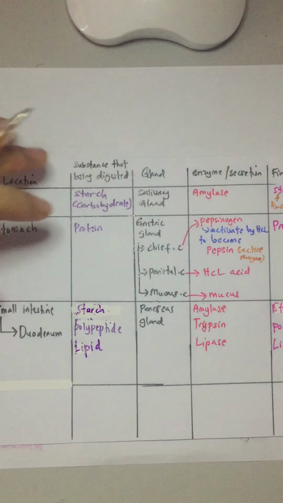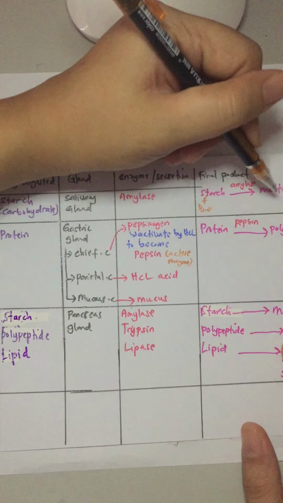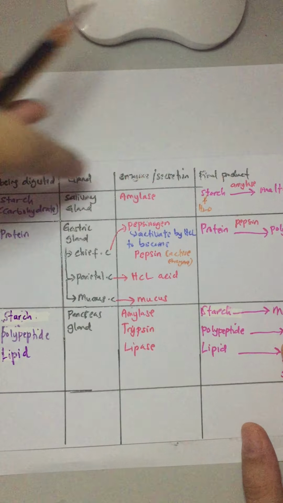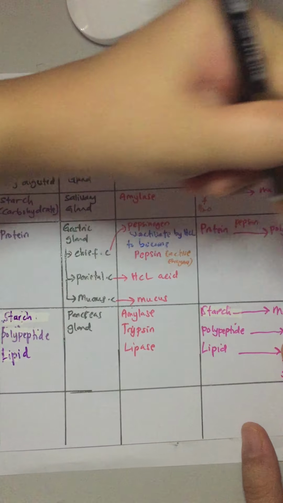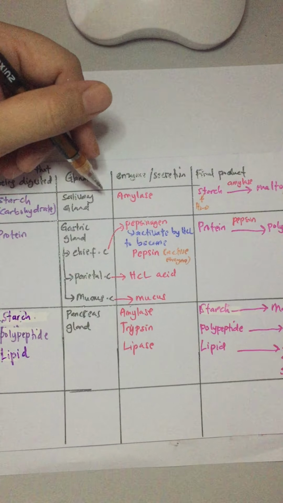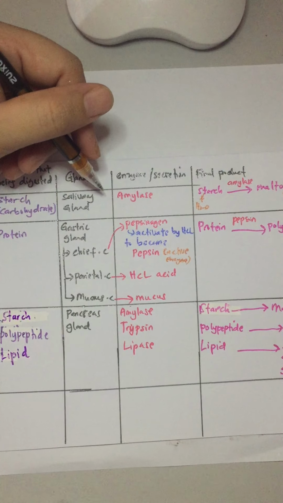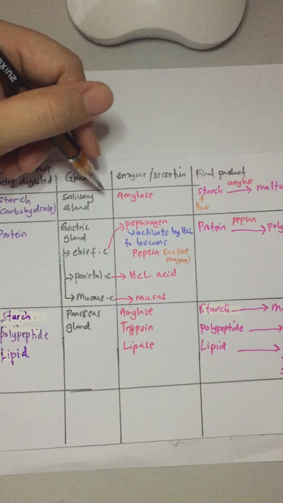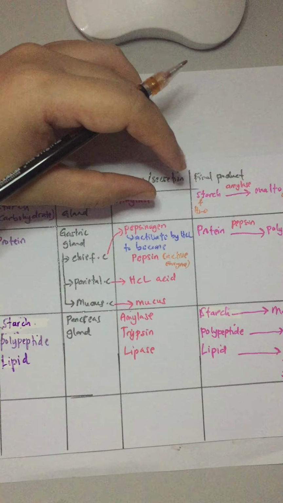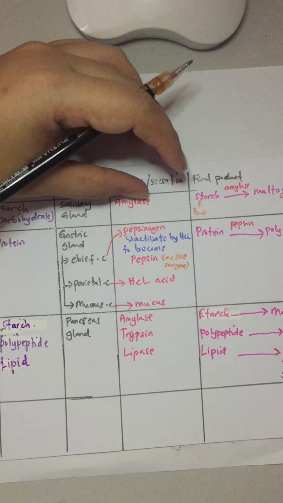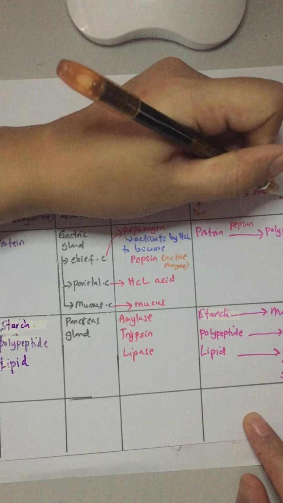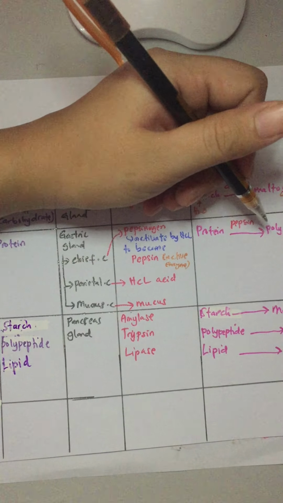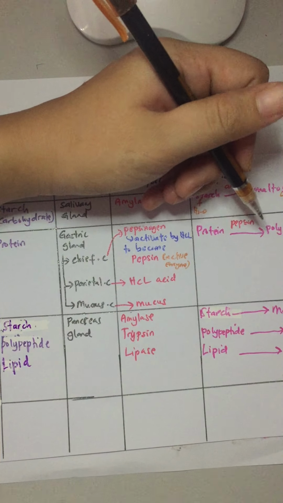Okay, what I want you to pay attention to here, the product during digestion in mouth is maltose, and then this is polypeptide. Okay, our goal here in digestion is, finally when we digest we want to absorb. Since we need to absorb molecules in the simplest form, this maltose and polypeptide are not yet in the simplest form.